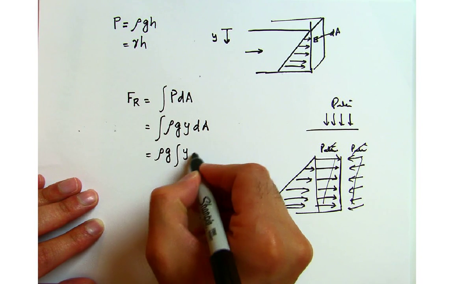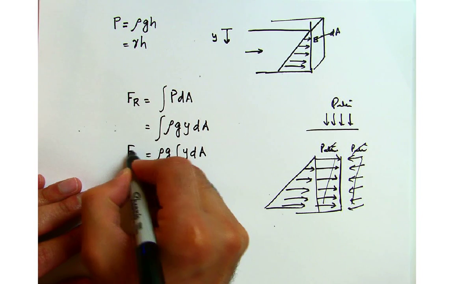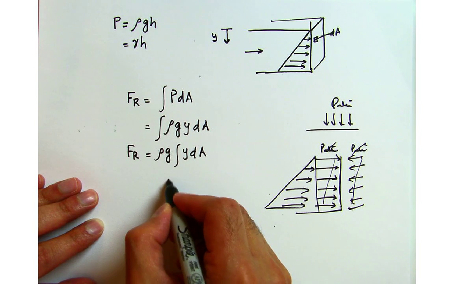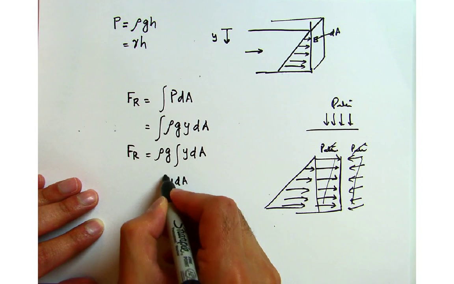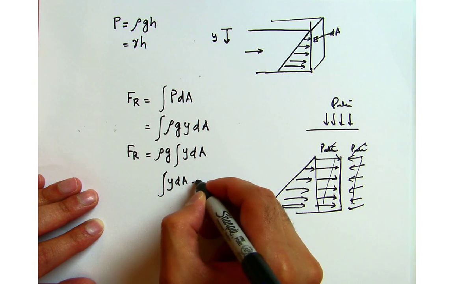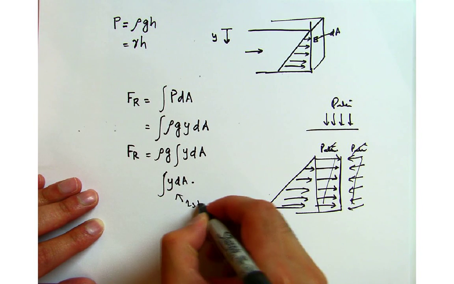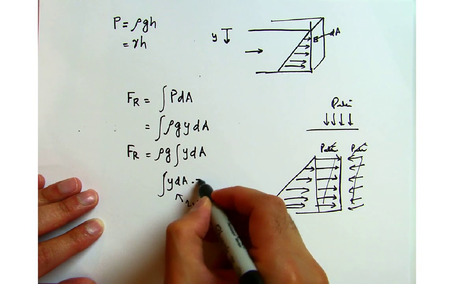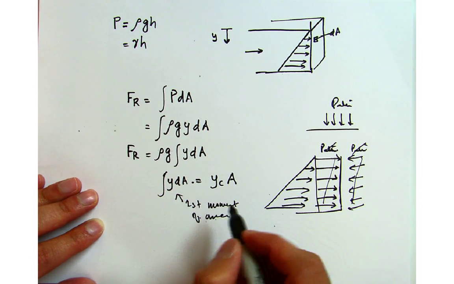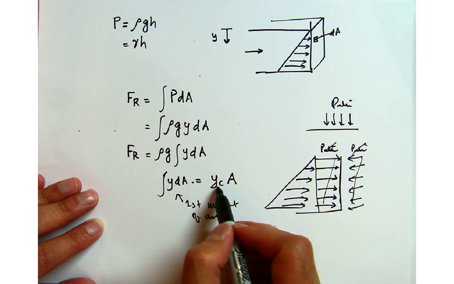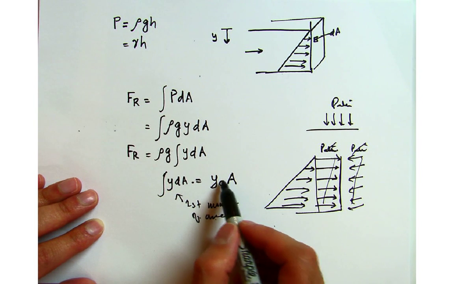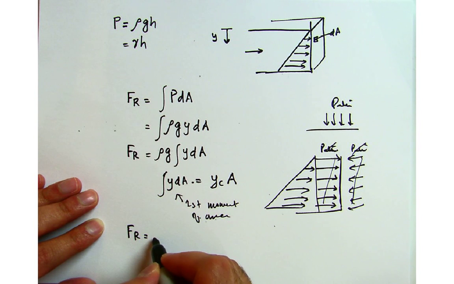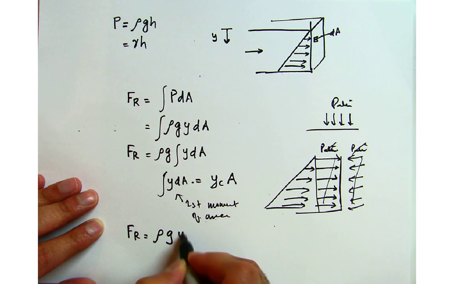So we are left with the integral of y dA, and this quantity is also known as the first moment of area. It is equal to yC times A, where yC is the centroid of the geometry, times the area. So the resultant force is rho g yC A.